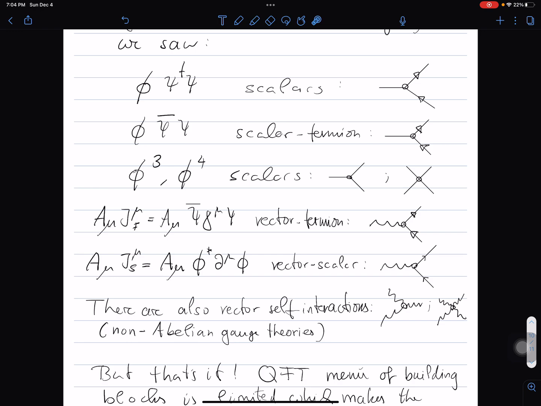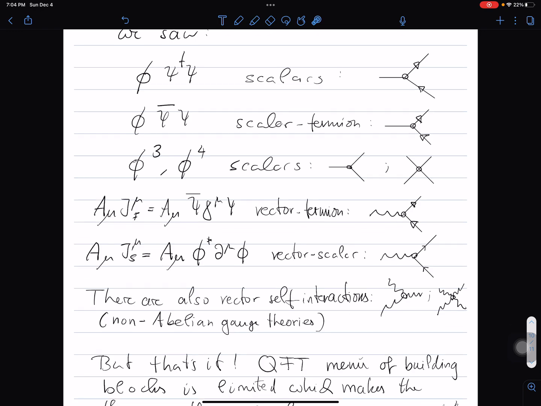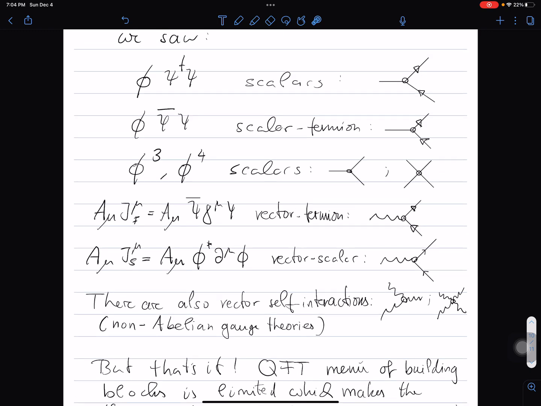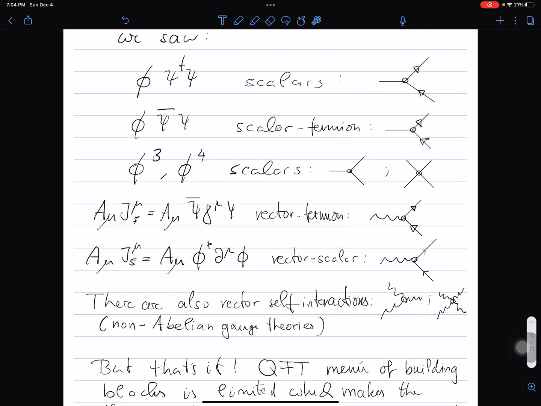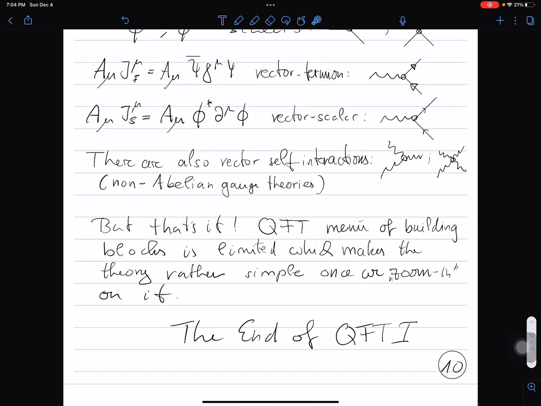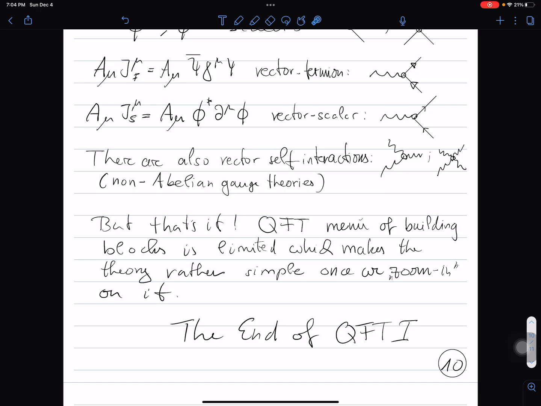Once we are beyond those, essentially when we enter perturbative QFT regimes, the theories are very simple, and the ways the fields interact with each other are very limited. The menu of fields we have is very limited, and that makes nature actually quite well describable by QFT at those large energies. And this is quite a beautiful principle of the quantum field theory that we have.